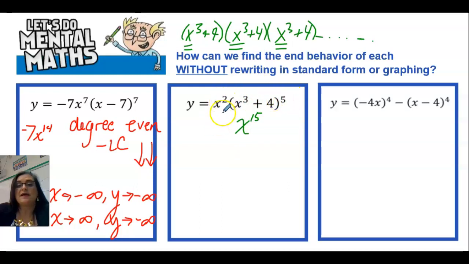Then that's times the x squared that was in the front there, and I'd add those exponents and get an x to the 17th as my highest exponent term. And that would be all I'd need to know in order to say that my degree is odd. So odd degree and a positive leading coefficient.